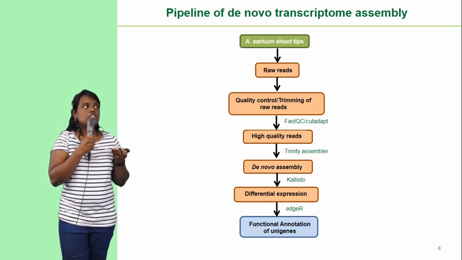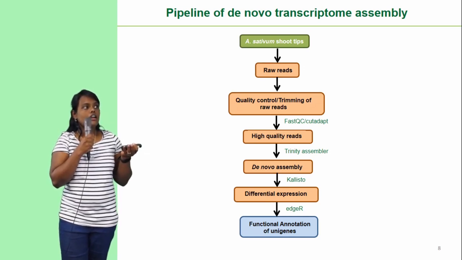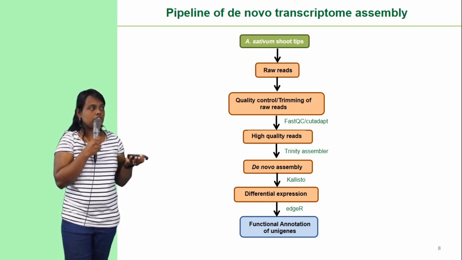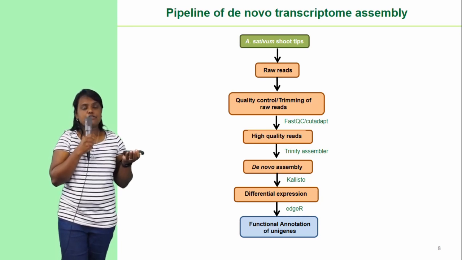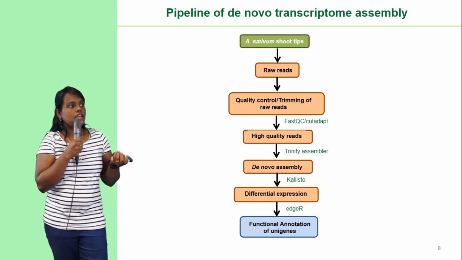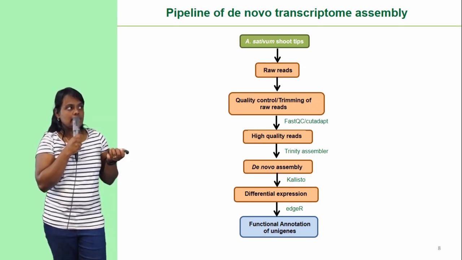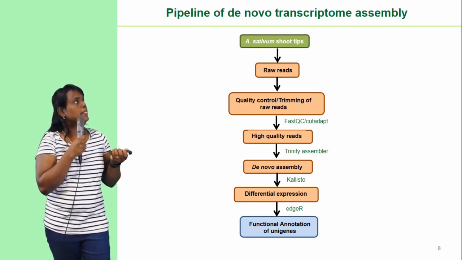And now we have the de novo assembled transcriptome. To analyze the gene abundance estimation, we use the Kallisto method. And finally, the differential expression of genes is studied with the edgeR Bioconductor package. And the final set of unigenes are functionally annotated.